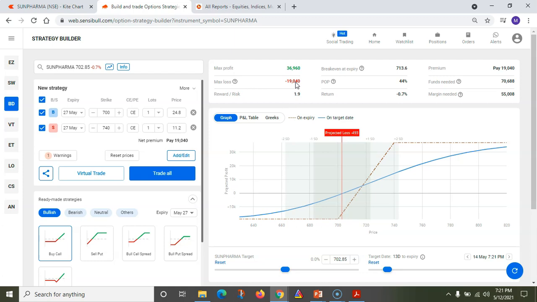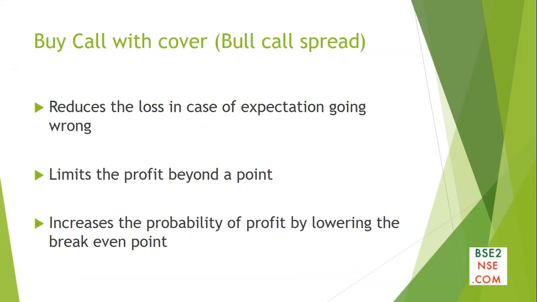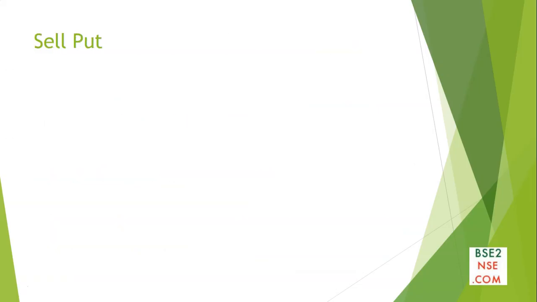Okay. Now we discussed buying a call and then buying a call with a cover. This is from the buyer's point of view. If you are bullish, rather than buying a call, you can sell a put option, because when the underlying price goes up, the puts will go down, the put premium will go down. And what is the difference between option buying and option selling?